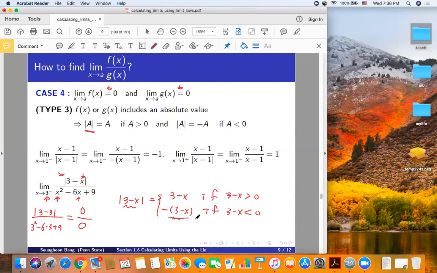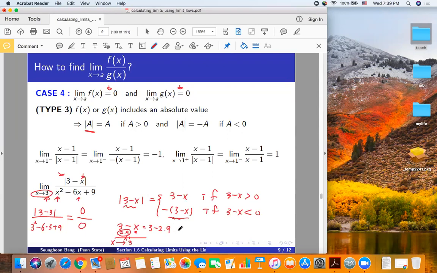It's the same. You can use the one-sided limit. You can check whether 3 minus x is positive or negative. X value approaches 3 from the left here. I can choose 2.9. You plug 2.9 into x. So what's that? It's the same as 3 minus 2.9.